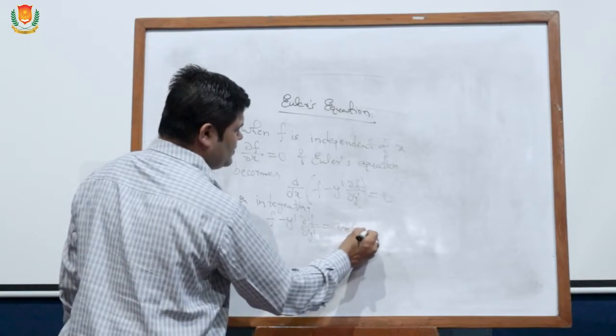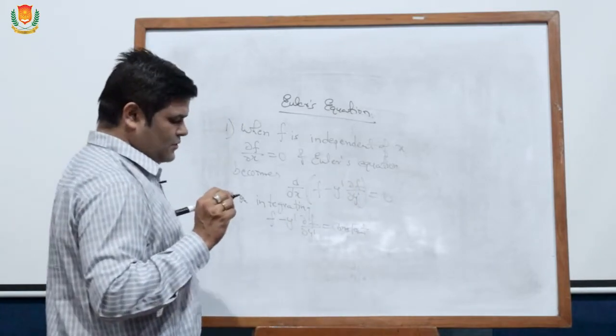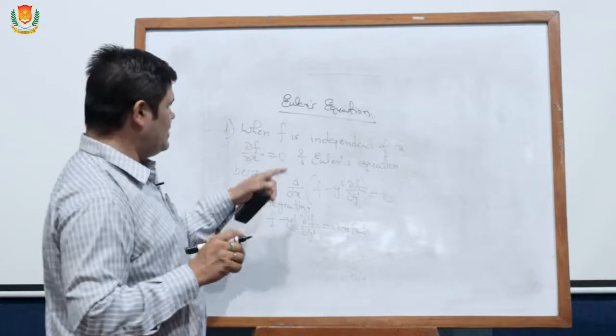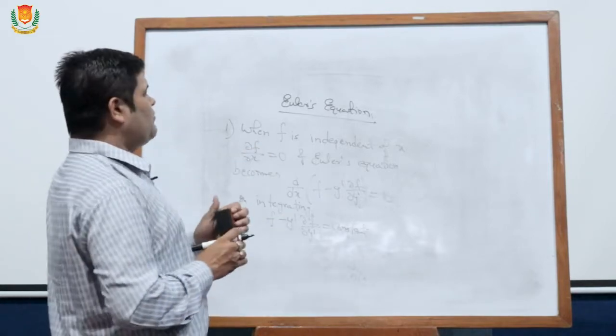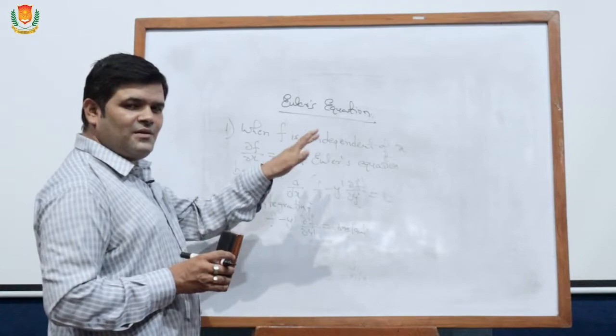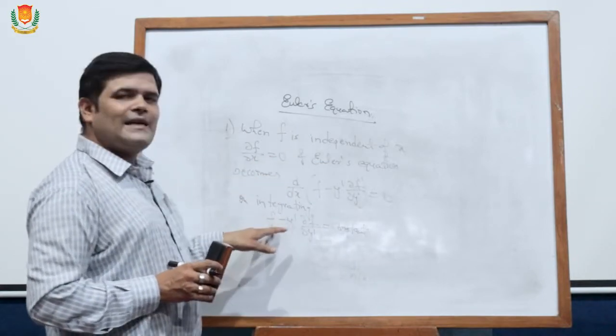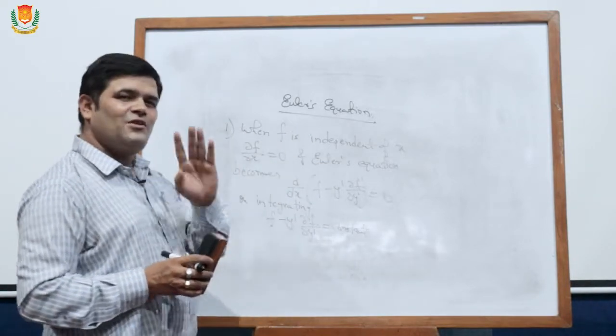So this is a form of Euler's equation. When we have a function which is independent of x, we can solve it directly by this. We need not solve the complete Euler's equation, students.